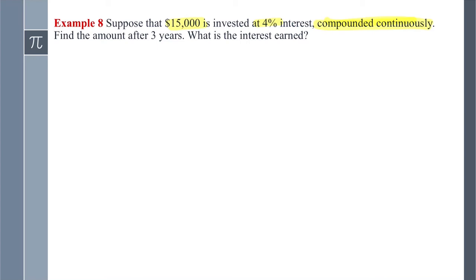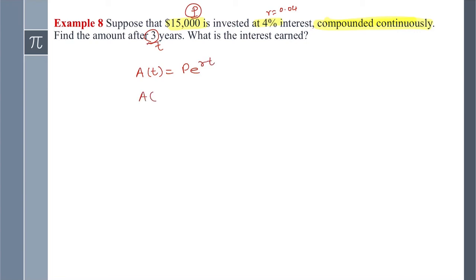That means we know this is compounded continuously. Okay, so this is P. This is the rate, but remember we have to change that to decimal, so 0.04, and then this is the time t. Now, the formula, the value of this amount equals P e to the r t.